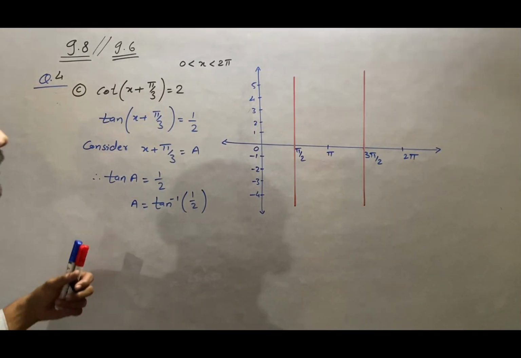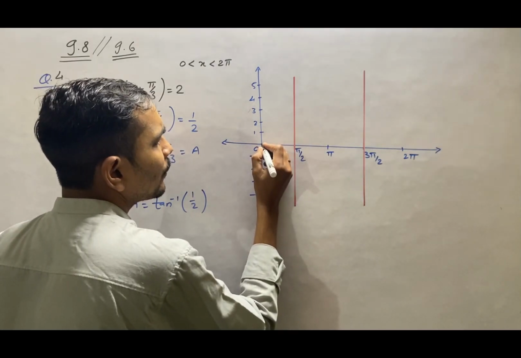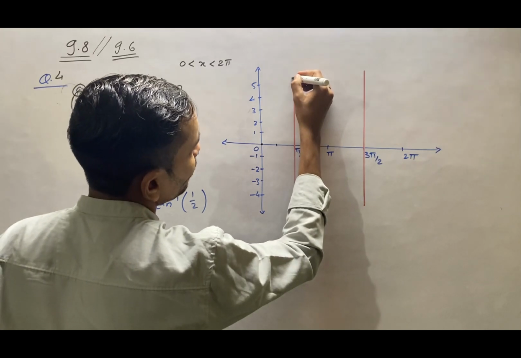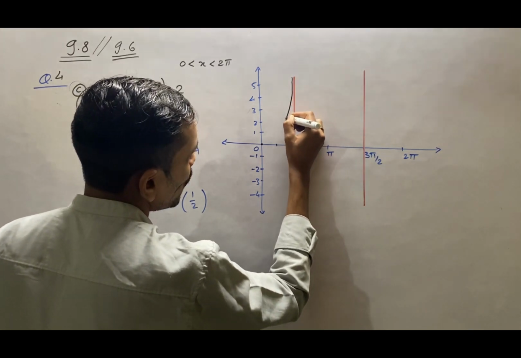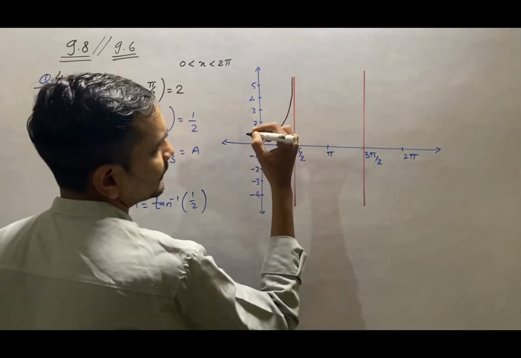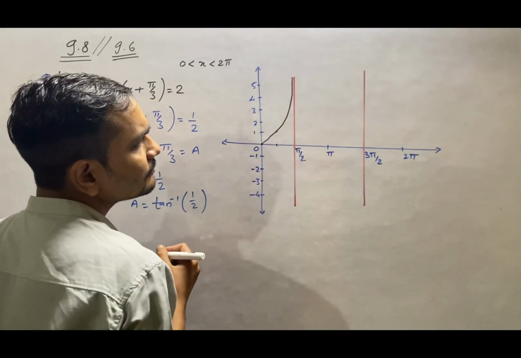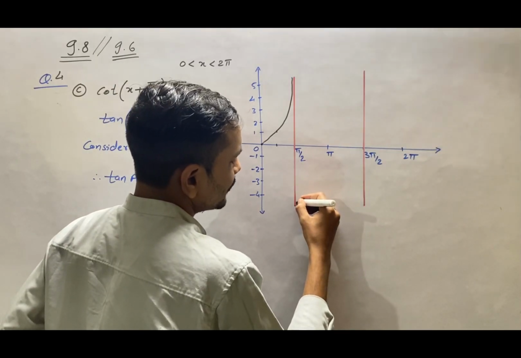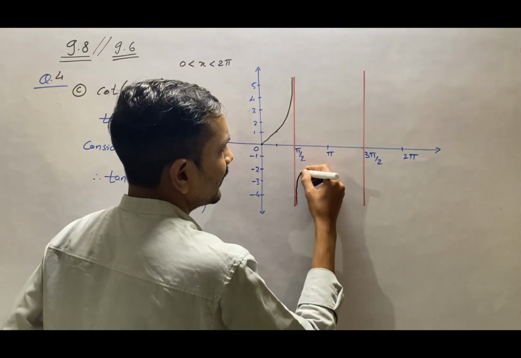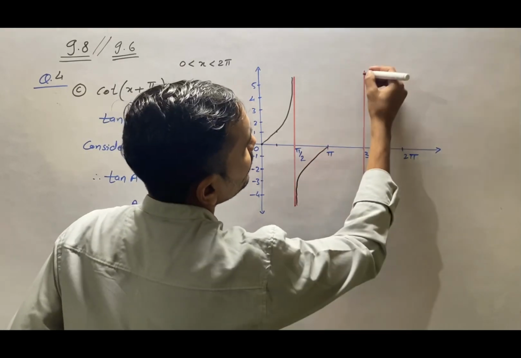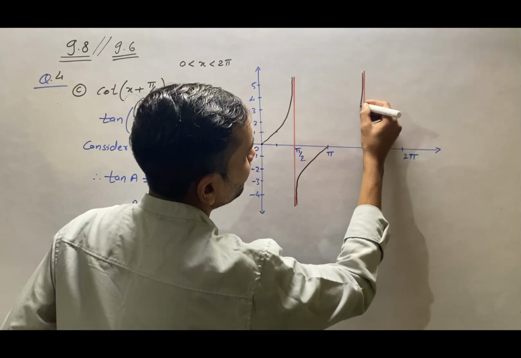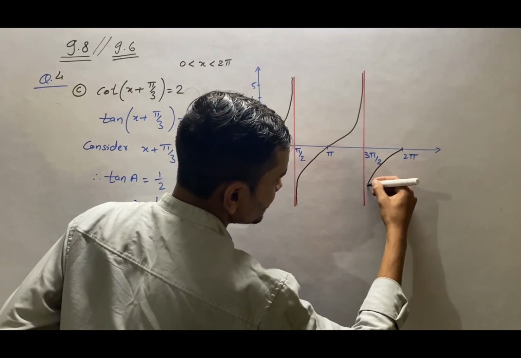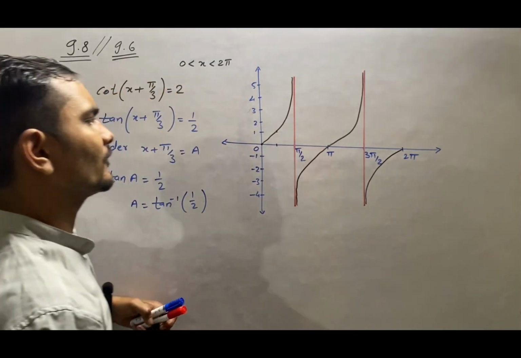As we know, tan 0 is 0, and while approaching 90 it's not defined, so we will approach like this. Here we get 1, and in the second quadrant tan is negative, so it comes from the negative direction, and at 180 tan is 0, the same approach from here, and this is the standard graph of tan.